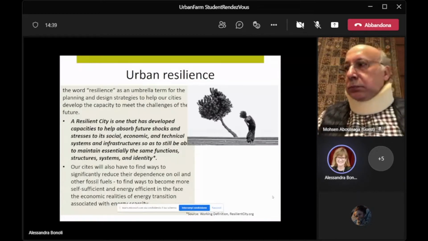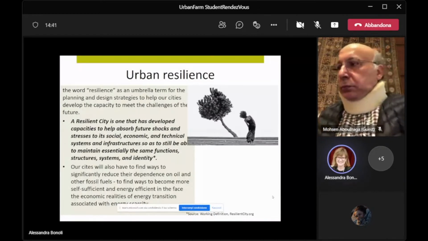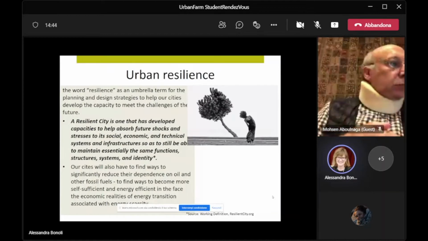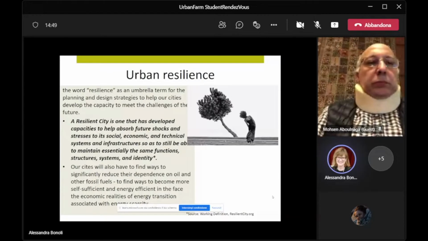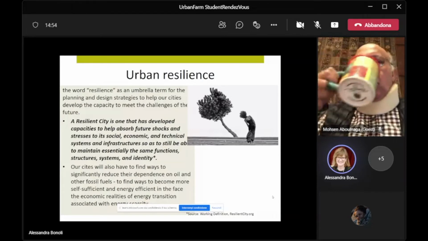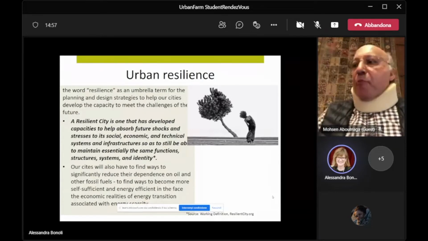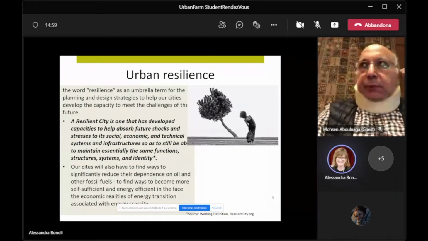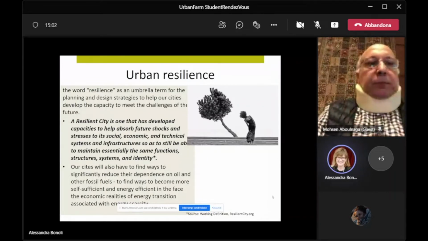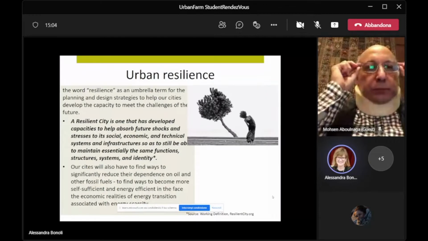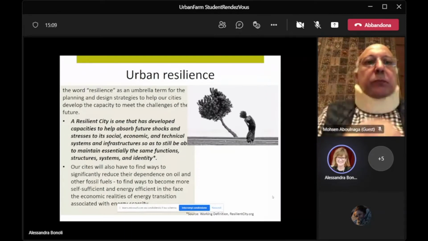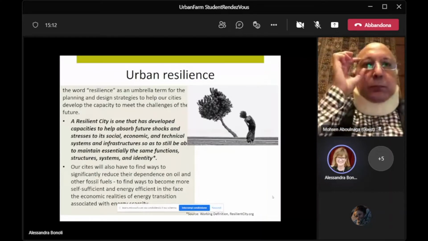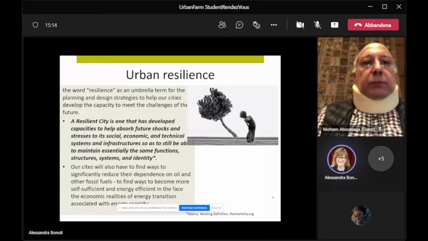We can say that at urban level we can define resilience as the capacity, both in terms of social issues, environmental issues, and several other topics related to management and policy at urban level, to be able to adapt itself to the new conditions.